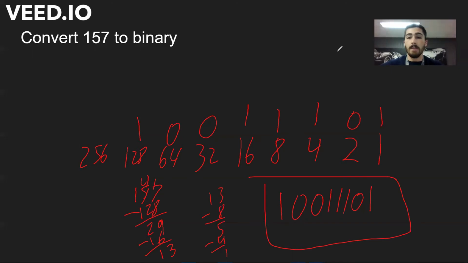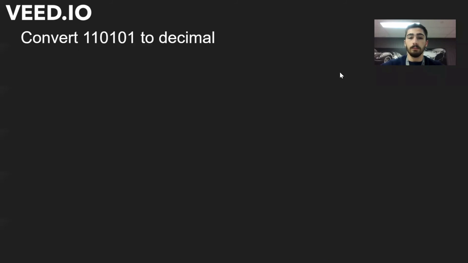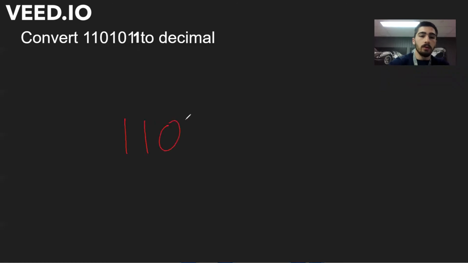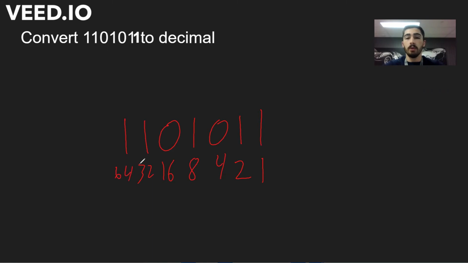Let's do binary to decimal. So we're going to convert this number, 1101011, into decimal. So powers of 2: 1, 2, 4, 8, 16, 32, and 64. If there's a 1 above the number, we're going to add it together.